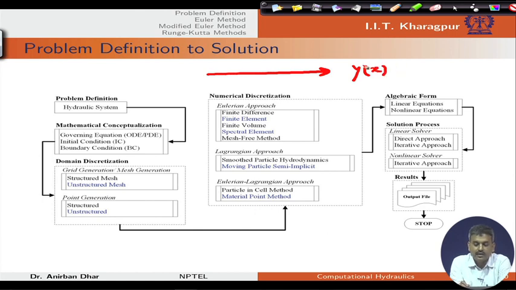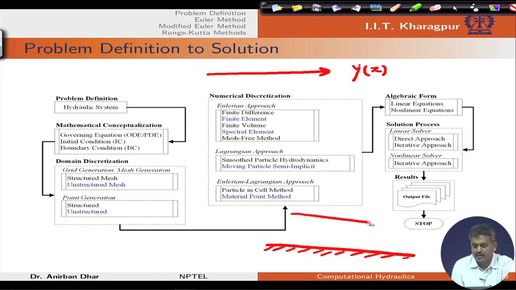So, if y is the flow depth in a particular open channel, this is the channel bed and this is the water surface, then flow depth at any particular location y is a function of x. Now, we need this variation of y with x for this particular unit.